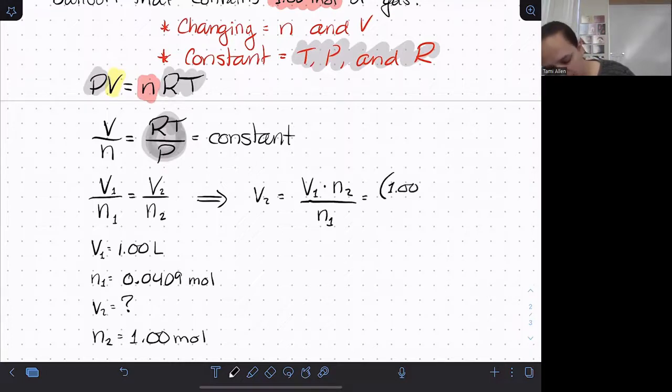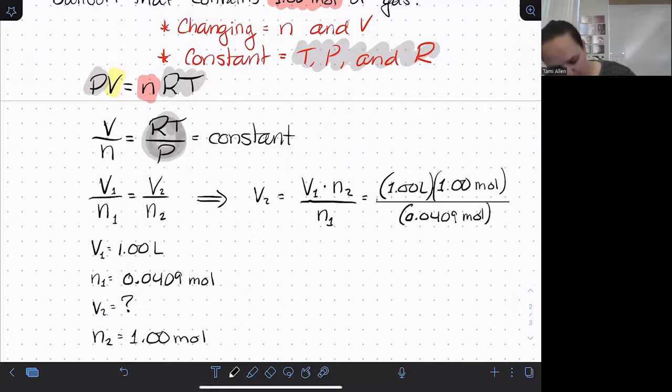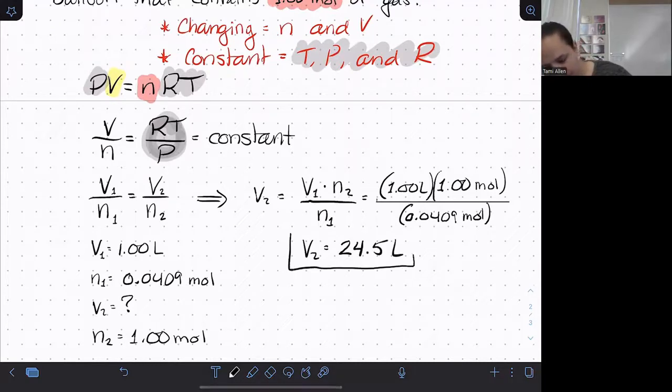V1 was 1 liter, N2 was 1 mole, and N1 was 0.0409 moles, which gets us a volume of around 24.5 liters or so.